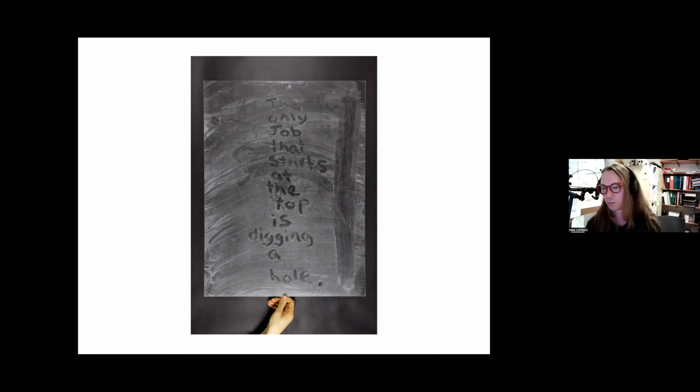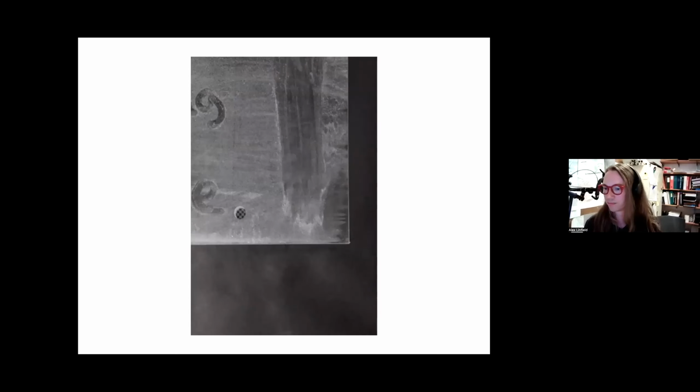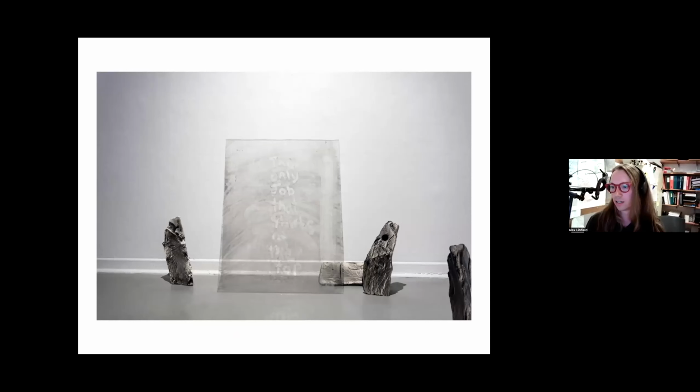So sometimes it's almost like concrete poetry in the text pieces that I create on these printed glass works. There's just an artifact of a transparent hole through the image space. Just an installation shot of that piece.